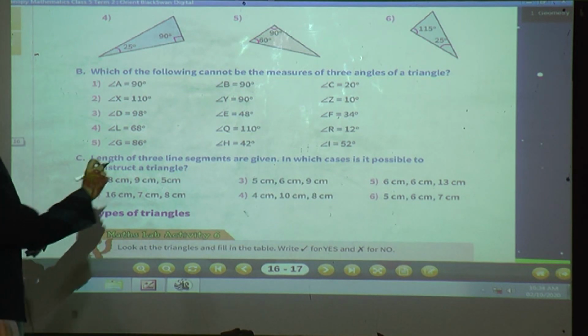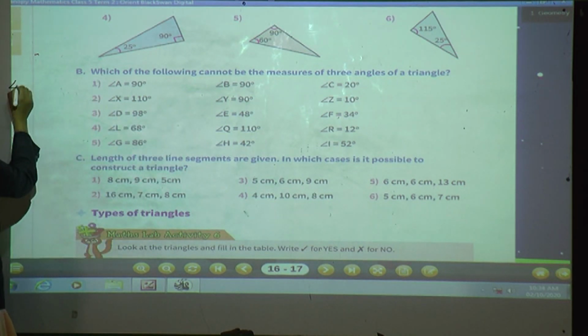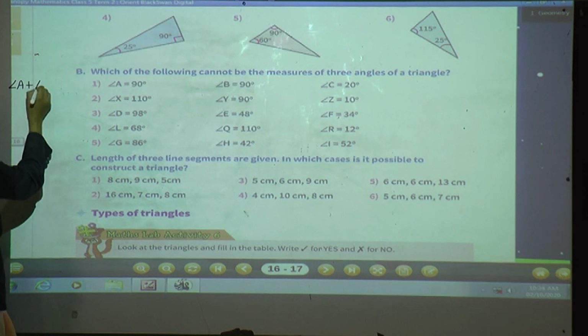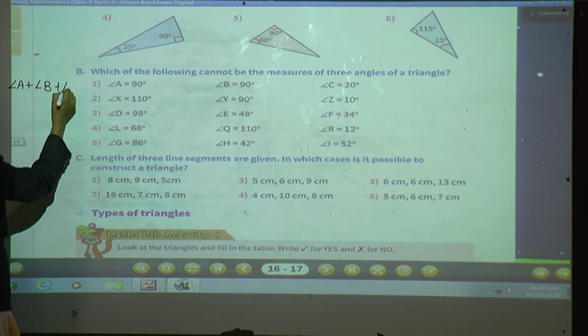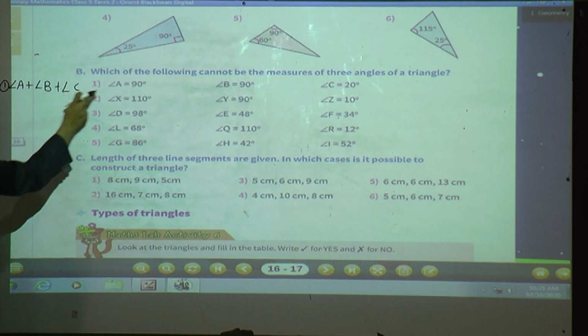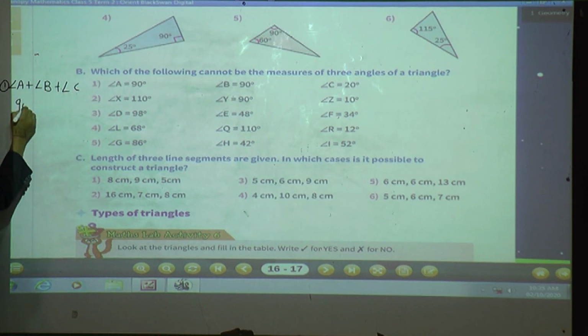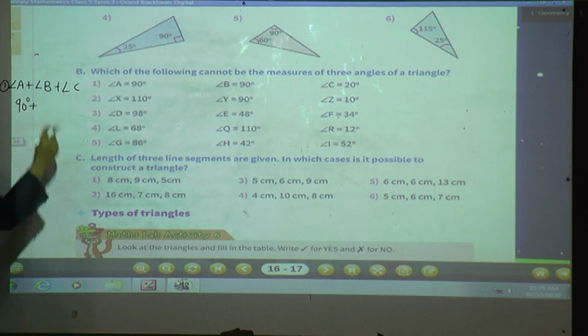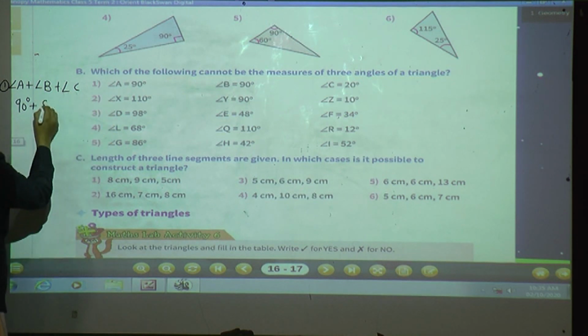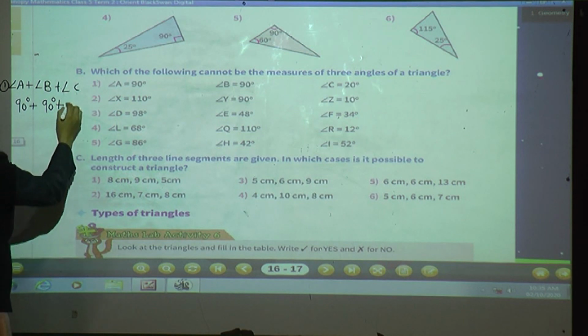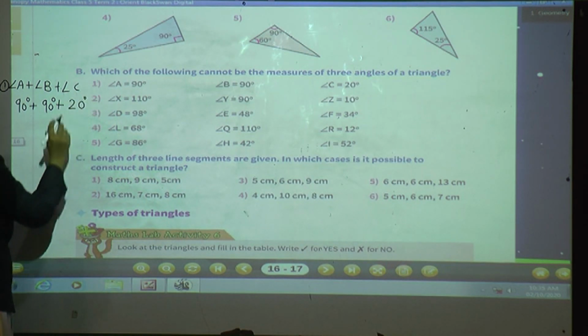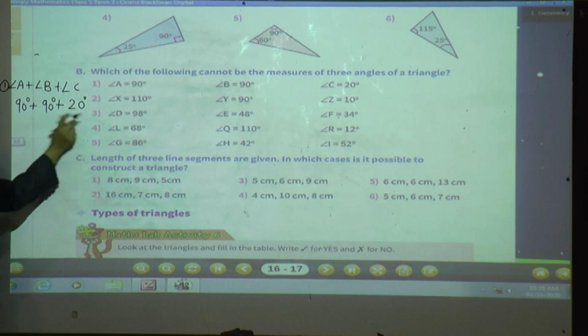Okay? See, first one, angle A plus angle B plus angle C. So angle A is equal to 90 degree plus angle B is equal to 90 degree and plus angle C is equal to 20 degree. Then add these three.